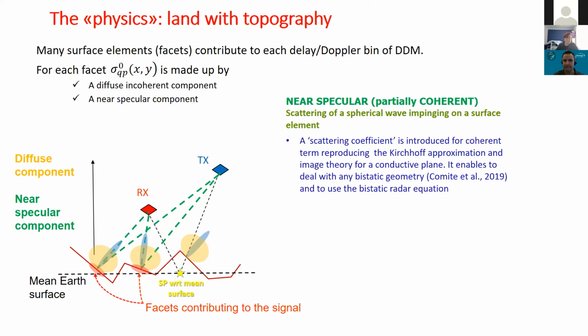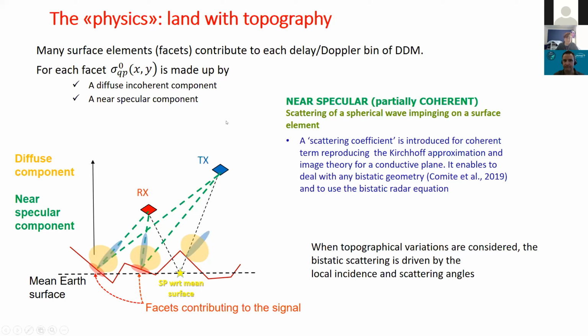And this term reproduces the image theory and has the advantage of being included in the same radar equation as the incoherent bistatic scattering coefficient.